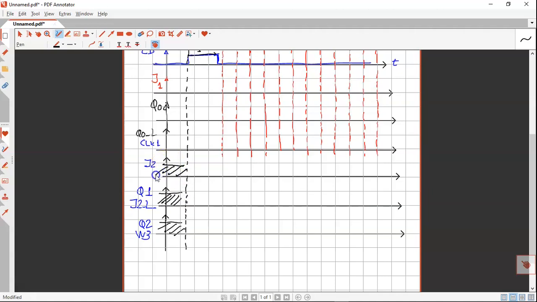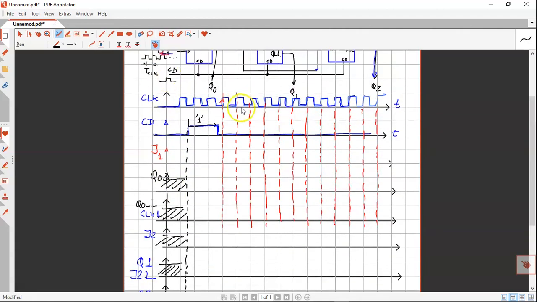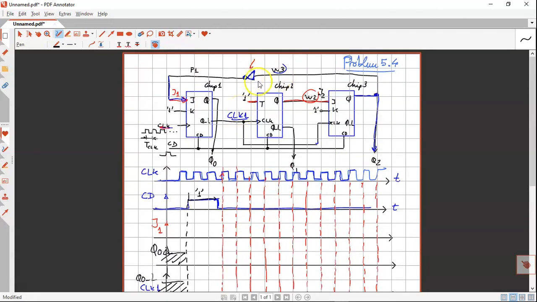You can write the diagram like this now for every single output, because even it is this, the G1, you know, the G1 is nothing but the NOT of Q of the chip 3. So it is an output, and because it's an output, is unknown.